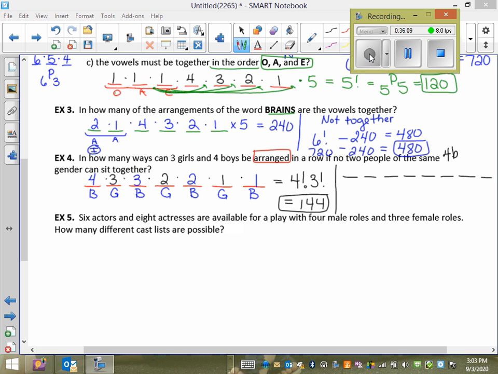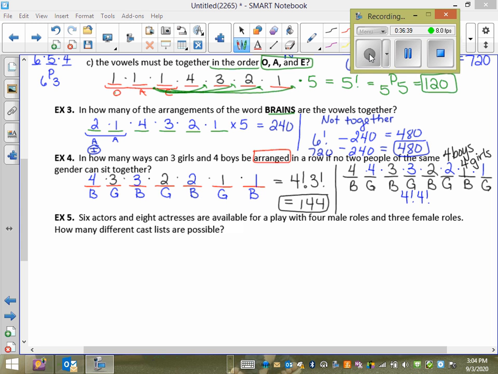So 4 boys, 4 girls. It's going to be boy, girl, boy, girl. Which is true. 4, 3, 2, 1. 4, 3, 2, 1. Which is technically 4 factorial times 4 factorial, is it not?